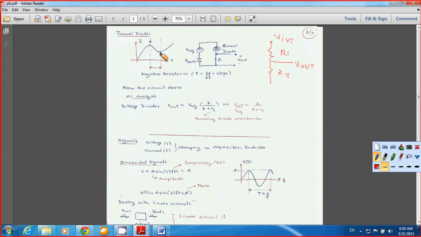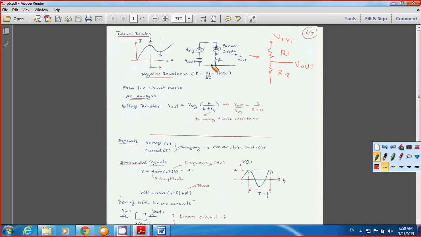From point A to point B, this gives you negative resistance because the slope becomes negative, right? Beyond this point, the slopes are all positive. This is the negative slope. So when you compare the circuit, this is the way you connect the tunnel diode. You take a look at this one, and you consider only the AC signal.